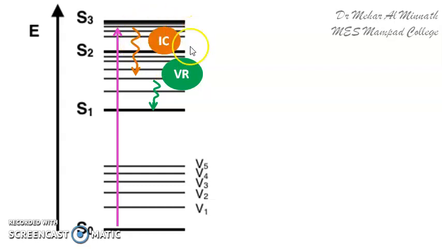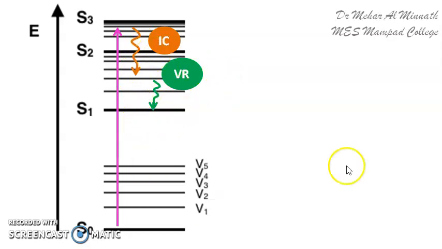That is without radiation. The energy is transferred either as heat or by transferring the energy to neighboring molecules. And from there, again another non-radiative transition, that is vibrational relaxation.